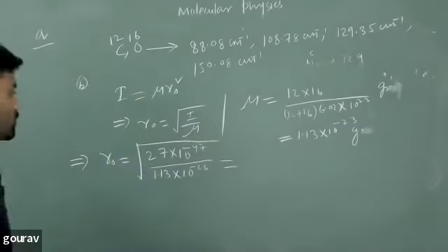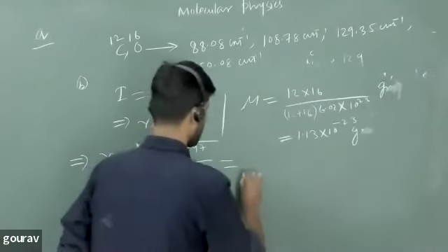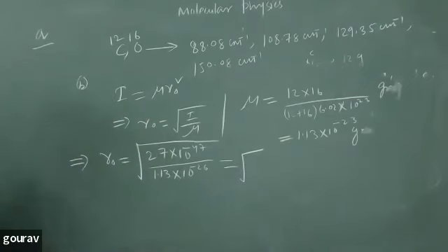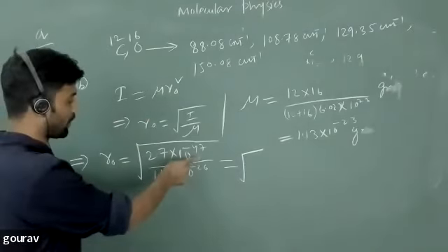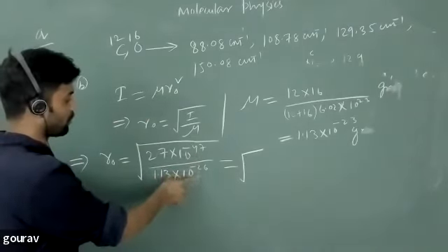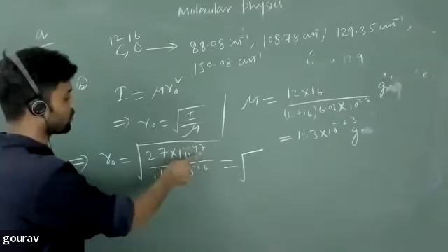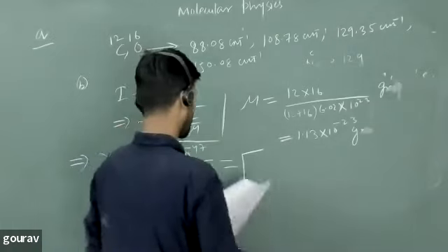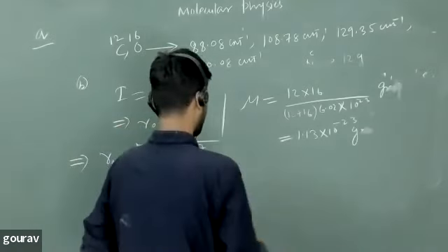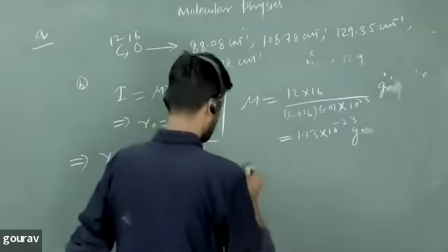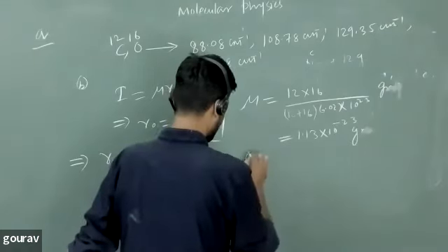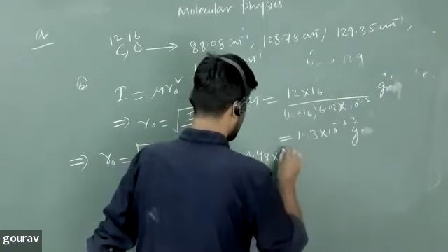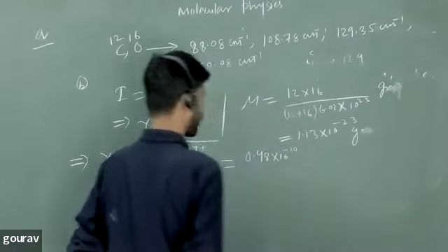So now it will be how much? If you bring minus 26 here, it will be 10 to the power minus 20. 2.45 into 10 to the power minus 20 gives 0.48. So 0.48 into 10 to the power minus 10, right?